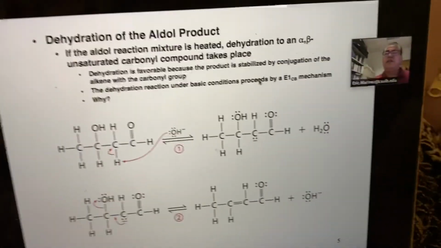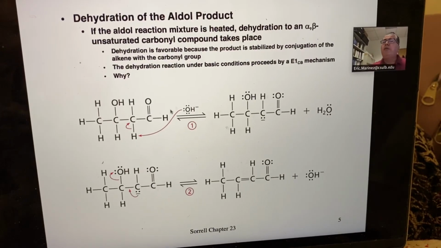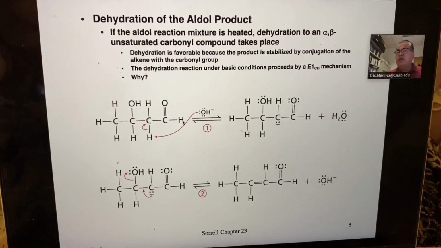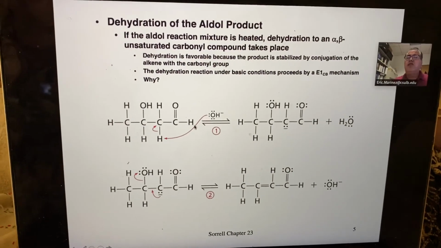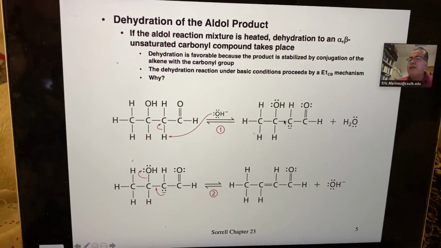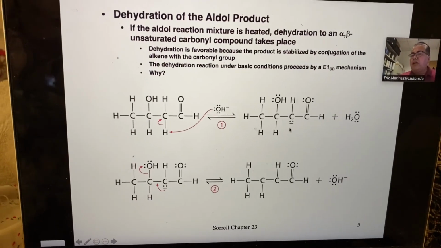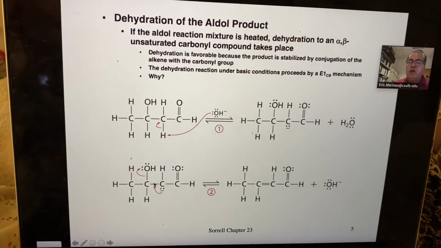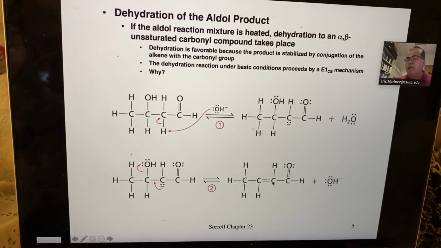The reason this is called E1CB is that rather than forming a carbocation here, I'm forming a resonance stabilized carbanion. So again, this is a new mechanism. It's called E1CB. Hydroxide first abstracts the proton at the alpha carbon because that generates a resonance stabilized carbanion. Okay, this carbanion is stabilized through resonance, and at some point it will subsequently eliminate an OH to form the alpha, beta unsaturated system.